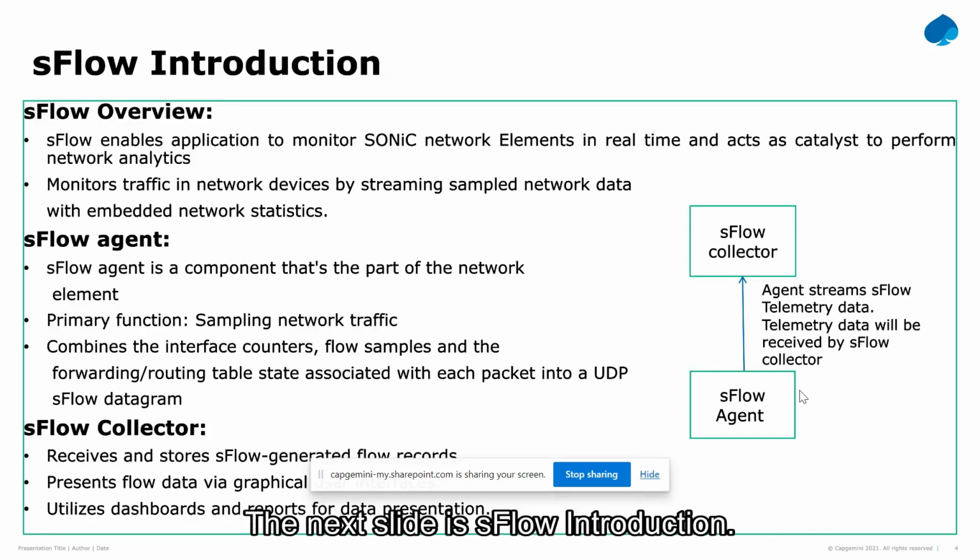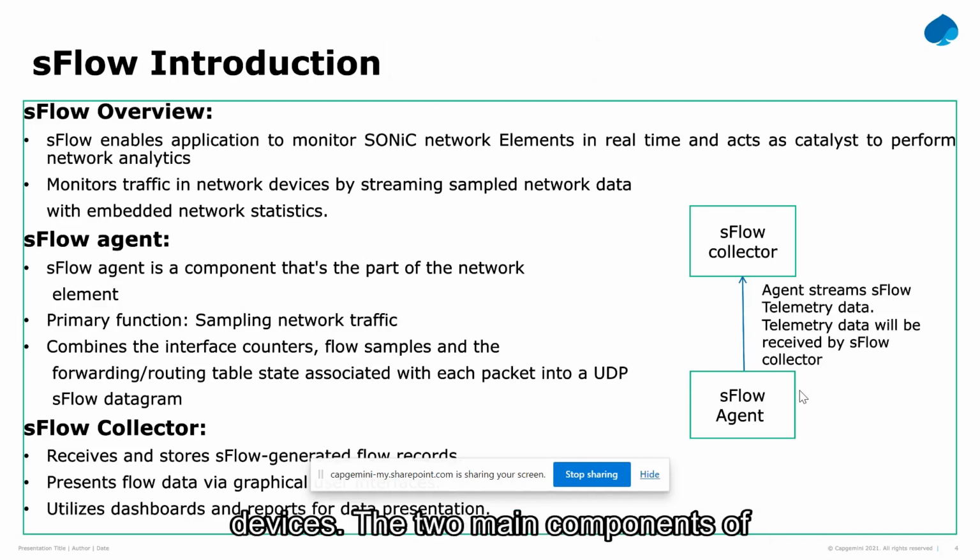The next slide is the sFlow introduction. sFlow enables the application to monitor Sonic network elements in real time and acts as a catalyst to perform network analytics. sFlow is primarily used to monitor the traffic in network devices.